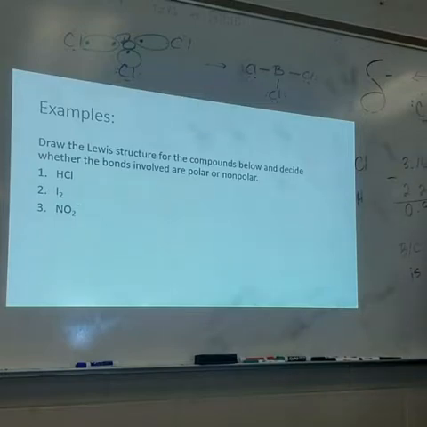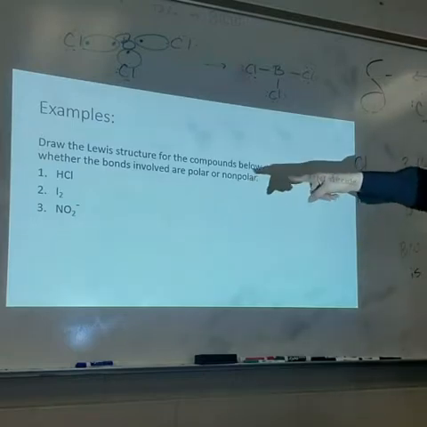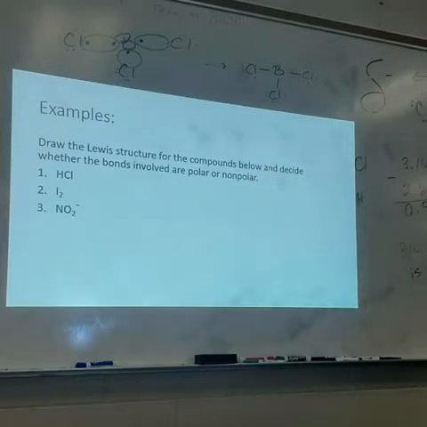That's kind of like the training wheels of Lewis structures. It works, but it doesn't work all the time. There are some more complicated Lewis structures that are going to require more steps. So this paper is going to give you all of the steps to make the perfect Lewis structure every time. I hope you guys feel good with the Lewis structures we've been doing, because now it's going to get even more complicated, or at least more detailed. So we're going to work out NO2 negative, the third example, on this worksheet.